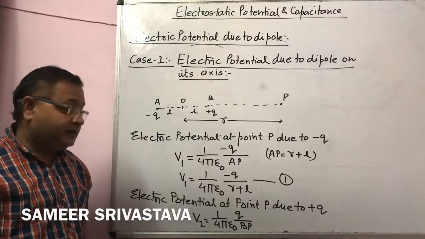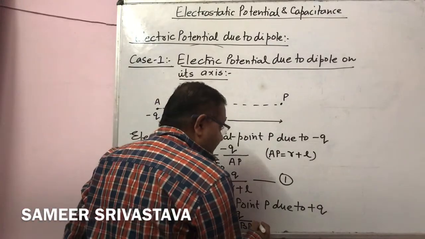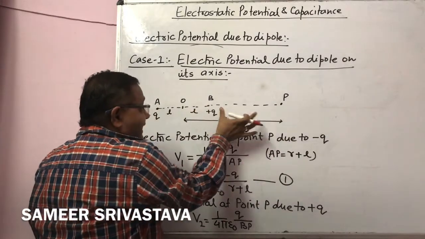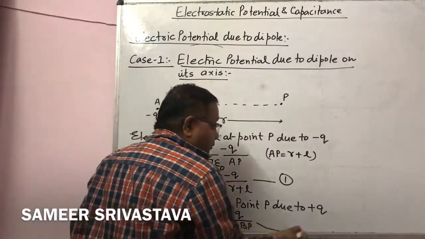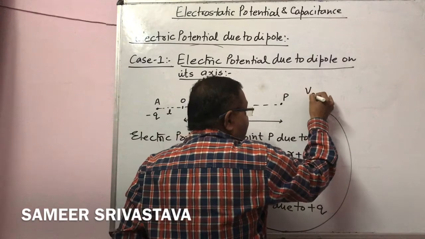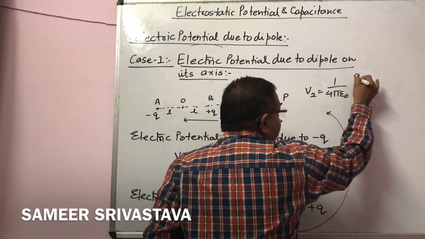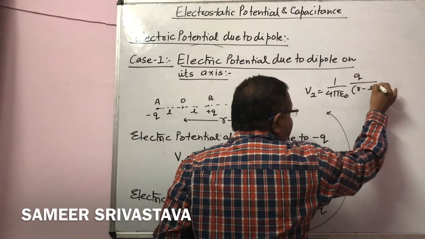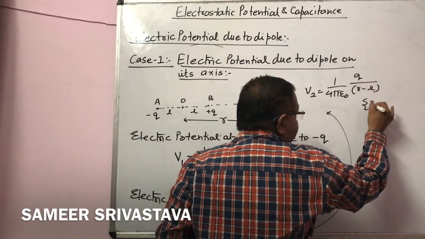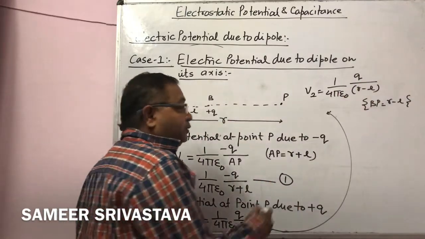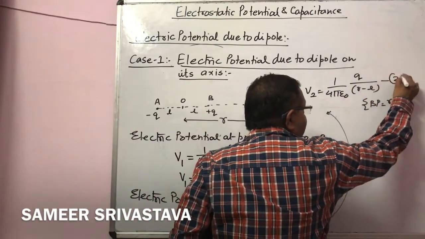Now what about the BP? B and P. This is r minus l. So now V2 will be 1 upon 4 pi epsilon naught, q upon r minus l, where BP is r minus l. Now I am showing this as equation number 2.